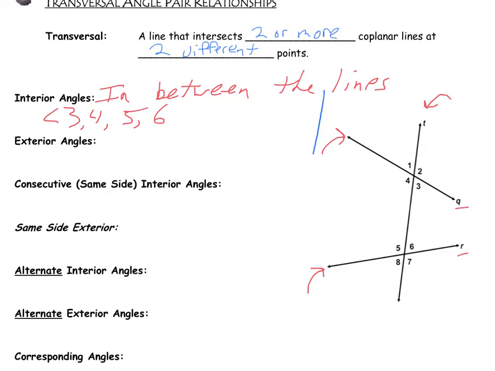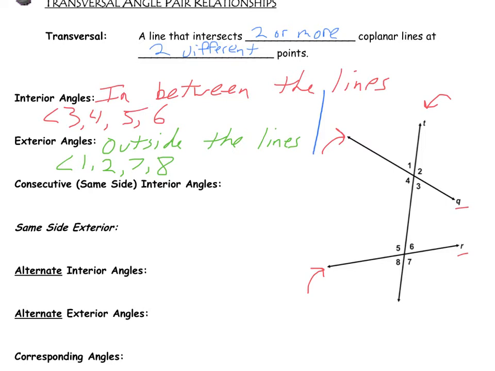Now we can imagine if the interior angles are in between the lines, then we're probably pretty safe to say that the exterior angles are the angles outside the lines. So the exterior angles are going to be angles 1, 2, 7, and 8.